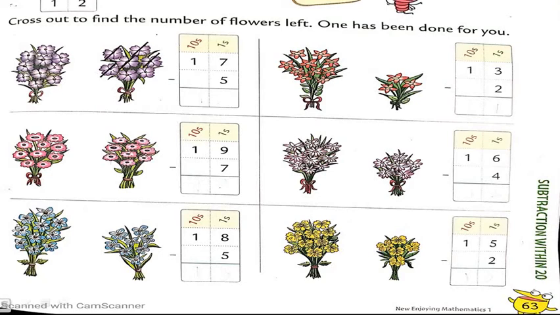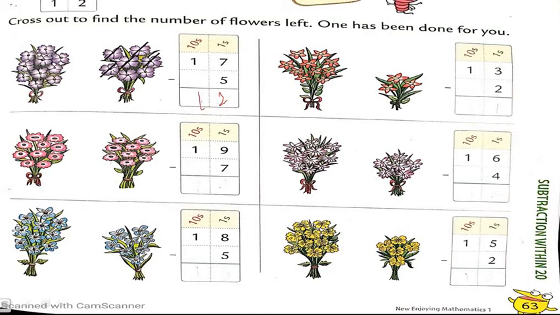So how many flowers are remaining there? We can do subtraction another way, first of all start counting from the ones place. If we subtract 5 from 7, what will we get? We get number 2. Okay, while subtracting 0 from 1, we get number 1.